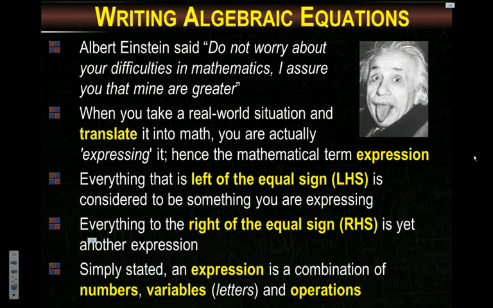Once you got the answer, turn it back into a real world problem and hand the money to the driver. Okay? Basically, again, if you think about it, that's why we call it an expression. You are expressing what you're doing in math.